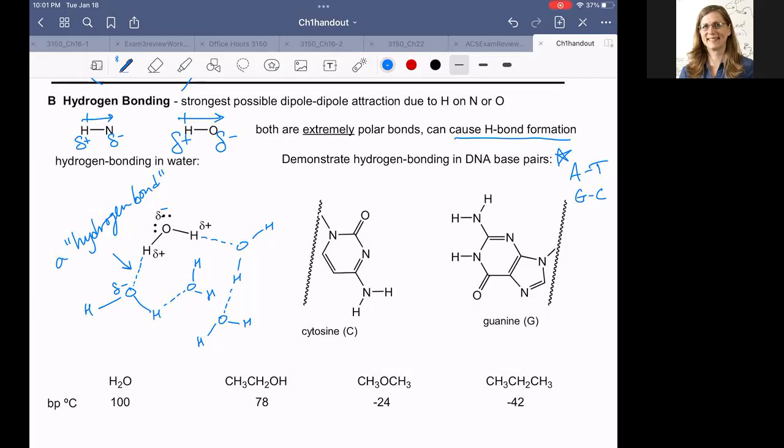So here's the structure of cytosine and guanine. And when you look at these, you see they're perfectly set up to do some hydrogen bonding. Over here we have the NH bond. We need an NH group to be what we describe as the hydrogen bond donor, the one that has the hydrogen that can be donated to the hydrogen bond.